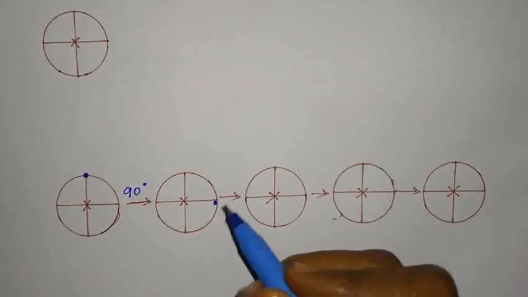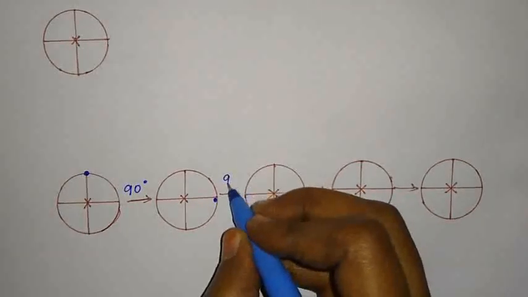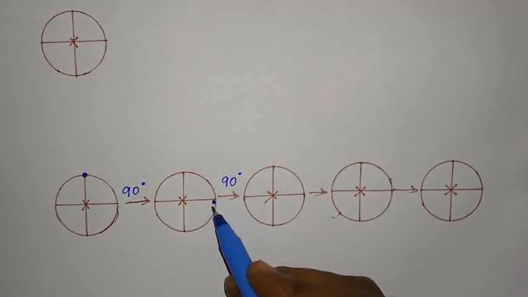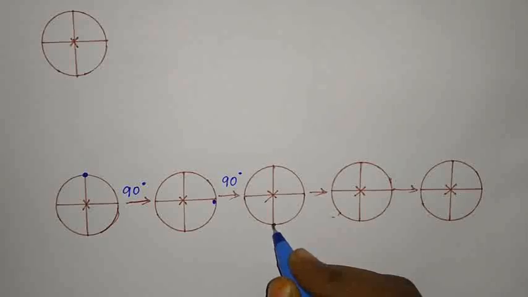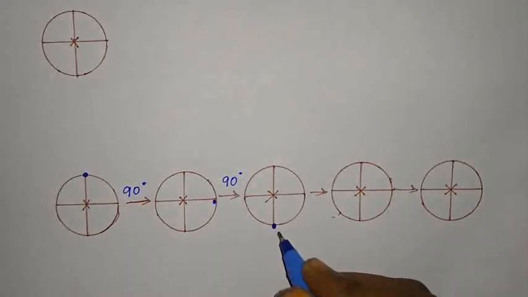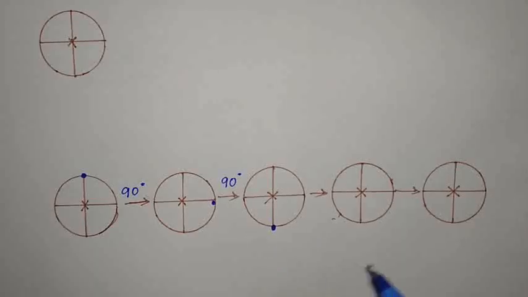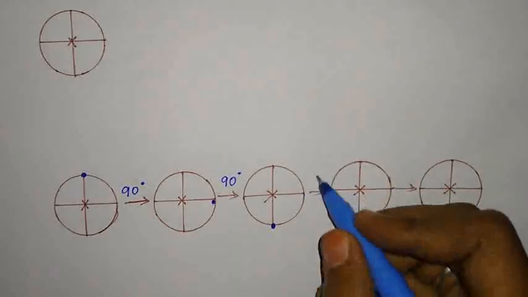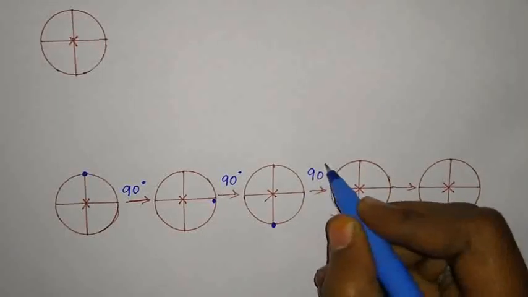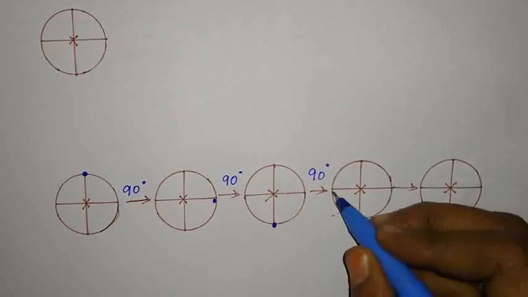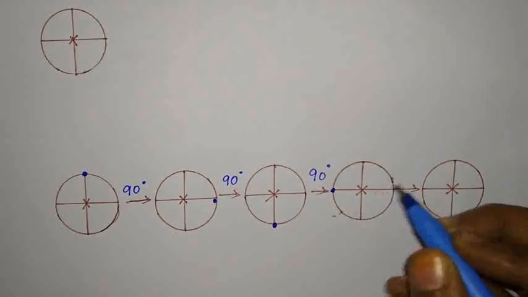Again we rotate it 90 degrees clockwise. So this point comes here. So this is the second order of symmetry. Now another chance to rotate it 90 degrees. This point moves this side.